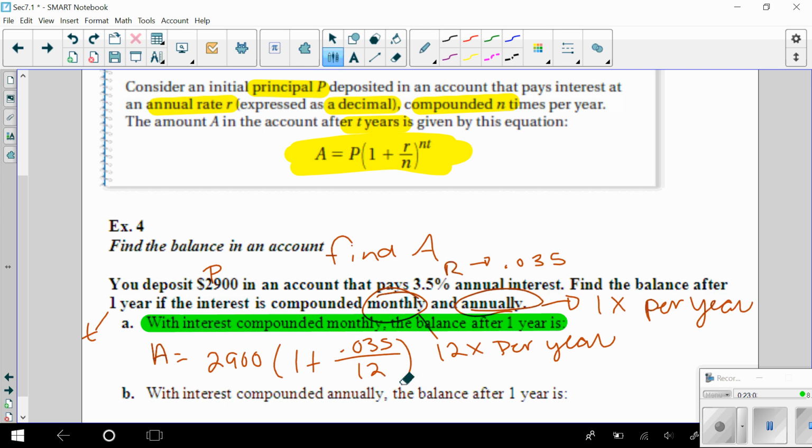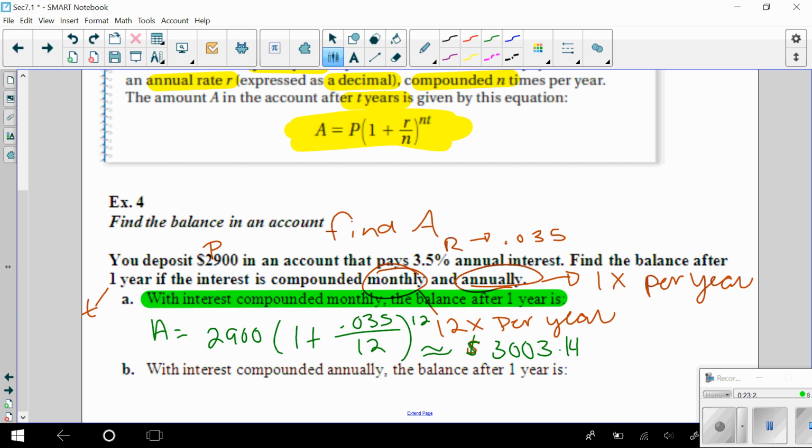And we're going to take that to the 12 times 1 power, so to the 12th power. And we're going to compute that. And I'm going to use my calculator for that. And when I do, I get $3,003.14.